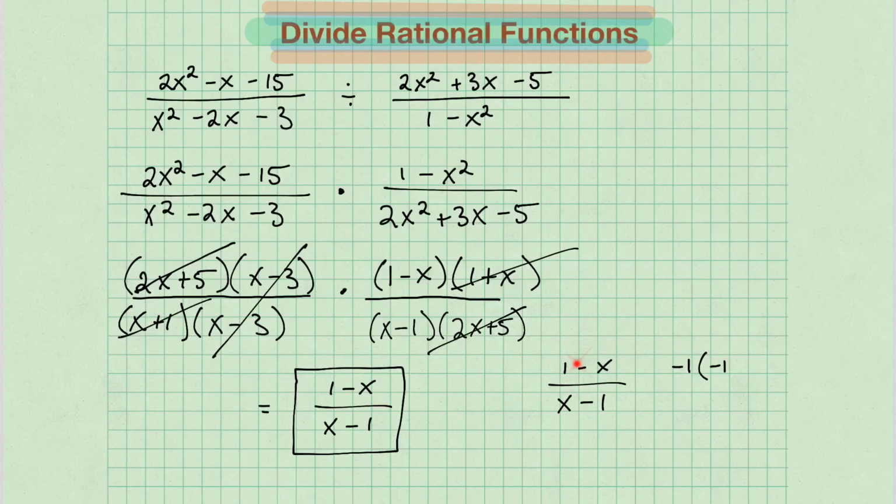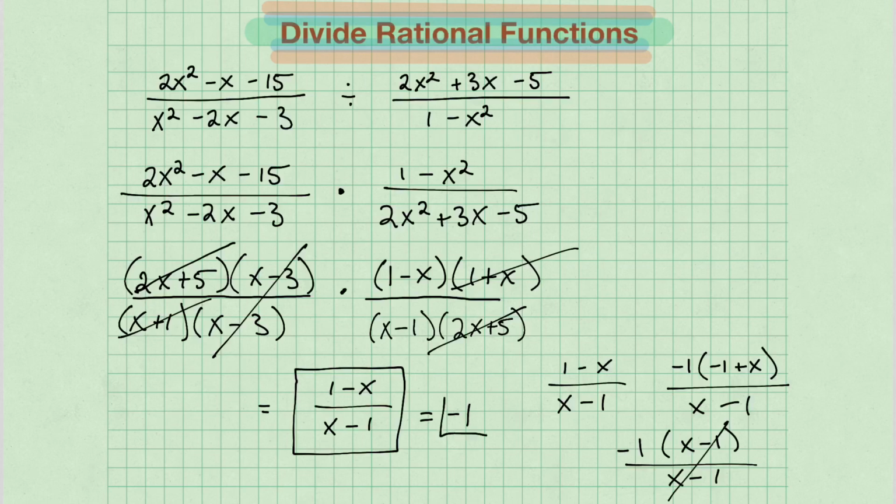If I factor out a negative 1 over negative x, what I'm left with is positive x. Now just switching these terms, what we're left with is negative 1 times x minus 1 divided by x minus 1. These two terms could cancel out. What we're left with is the negative 1. So we could say our final answer is negative 1.